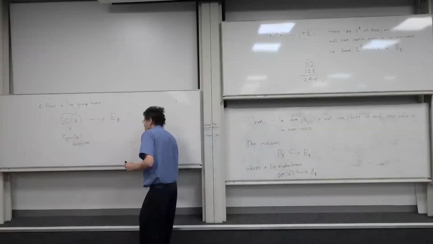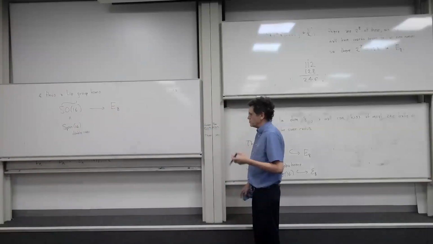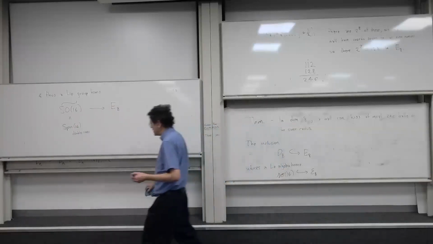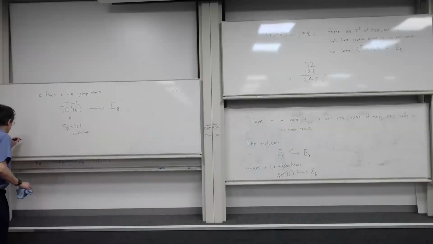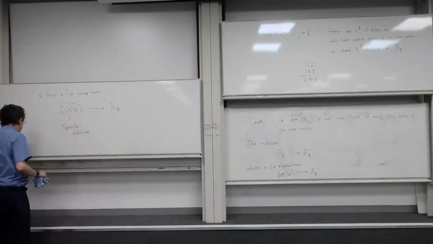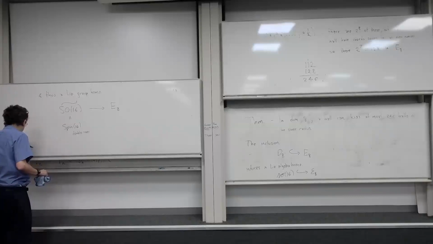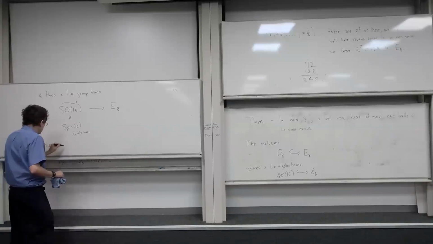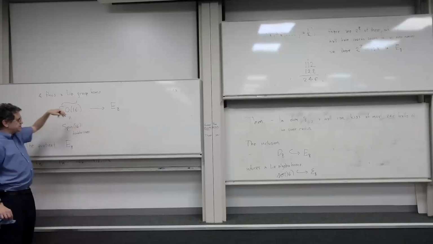So this construction that we've done shows you that there's this large rotation group or double cover sitting inside E8. What can we do with that stuff? Well, one thing we can do is form the quotient space. So we can take the quotient of E8 by the image of this.